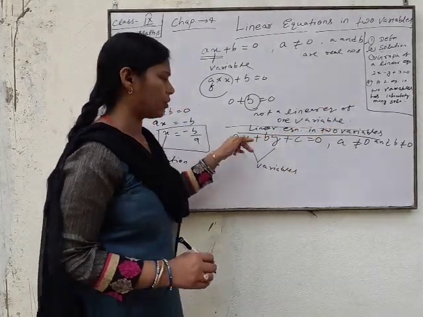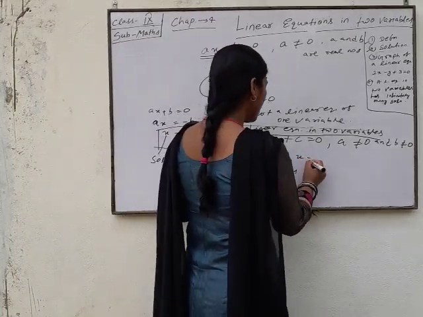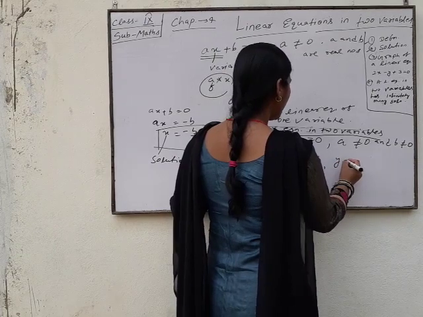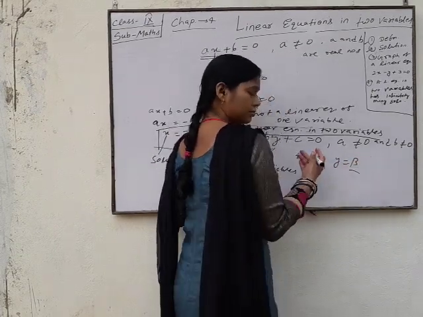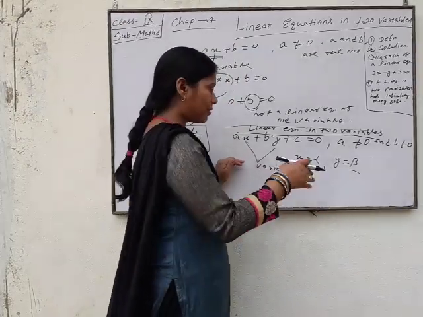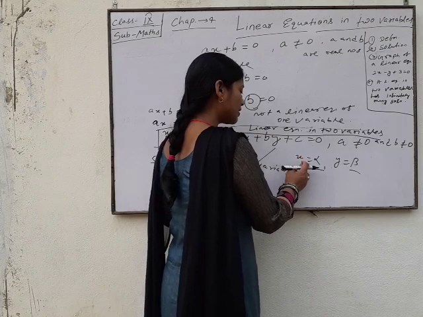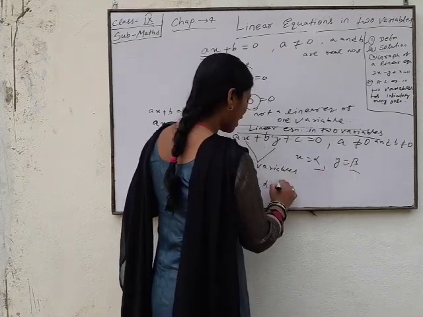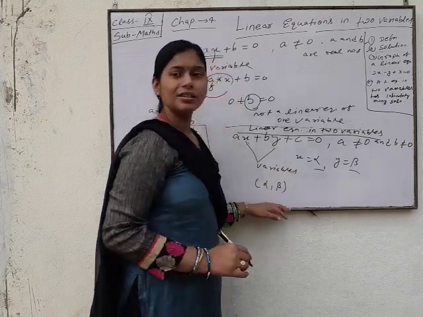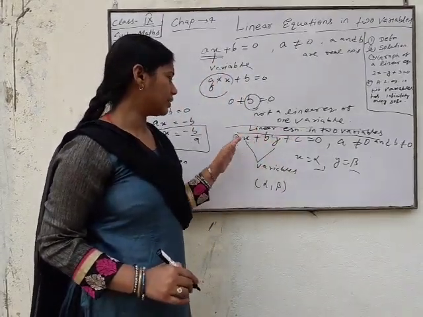If x equal to alpha and y equal to beta, where alpha and beta are any real numbers, then alpha and beta are called the solution of the given equation.